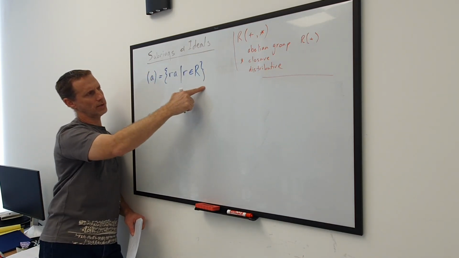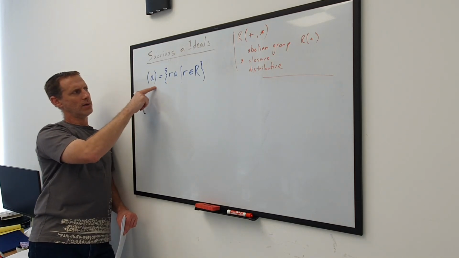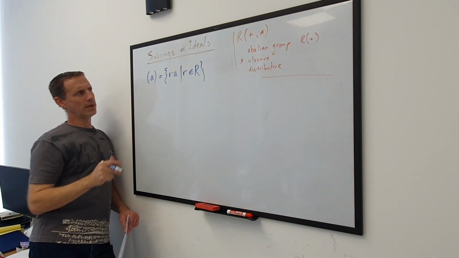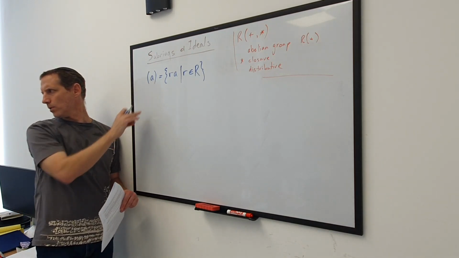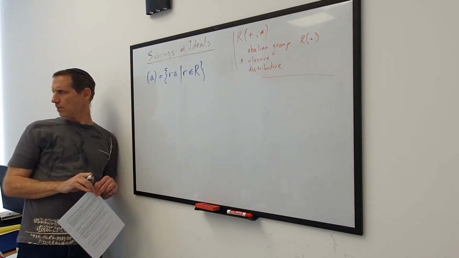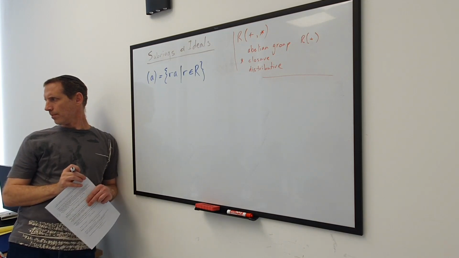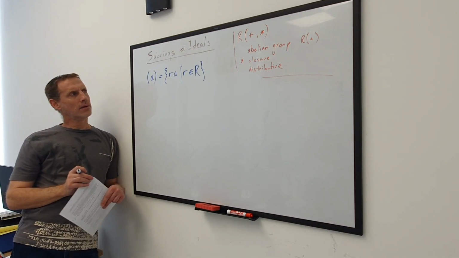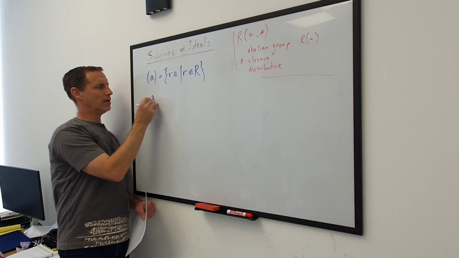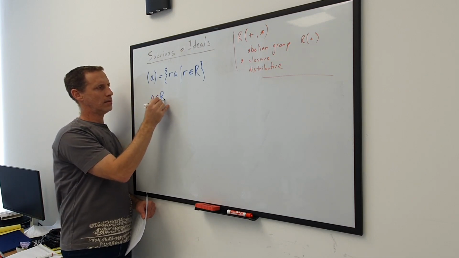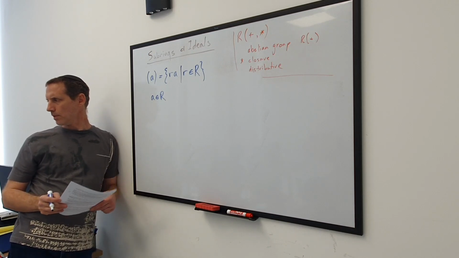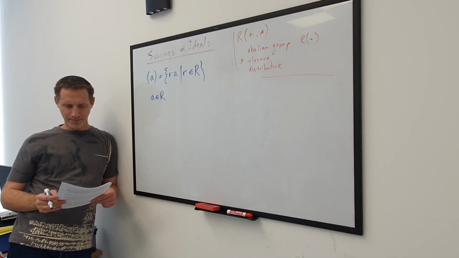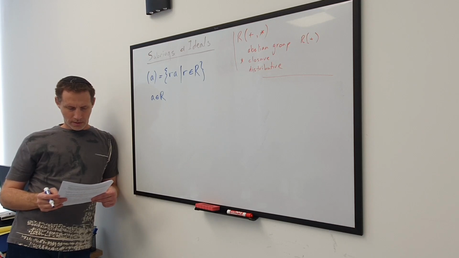This construction defines a subring, and this subring is an ideal, and because it's got a generator, we call it a principal ideal. What's a? a basically belongs to R. Some element from R. So you're saying Ra is an ideal?